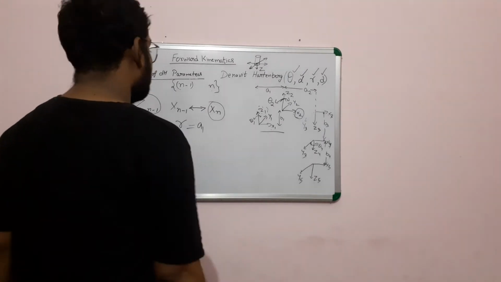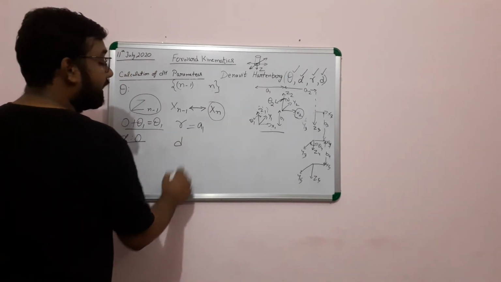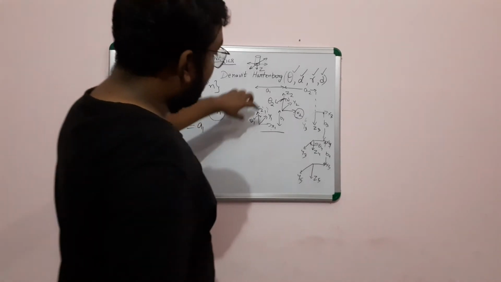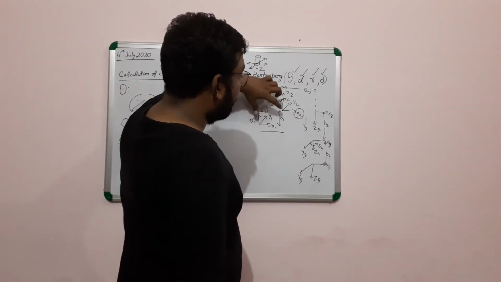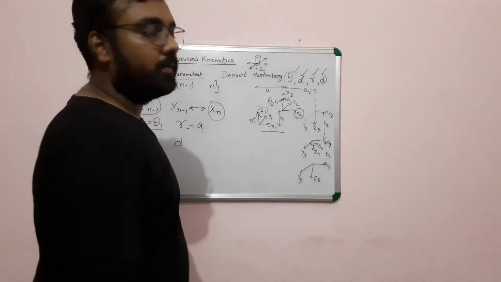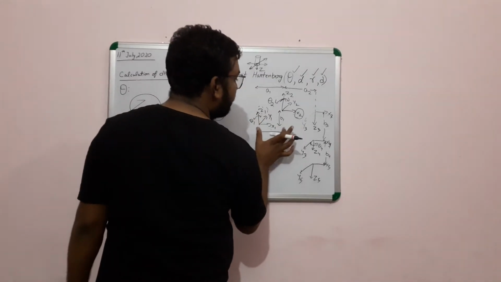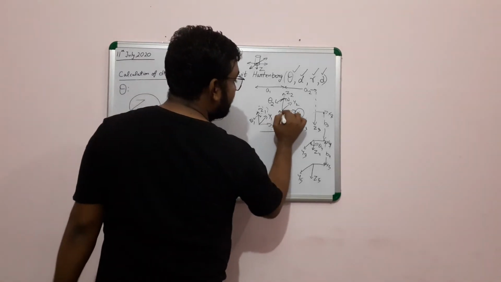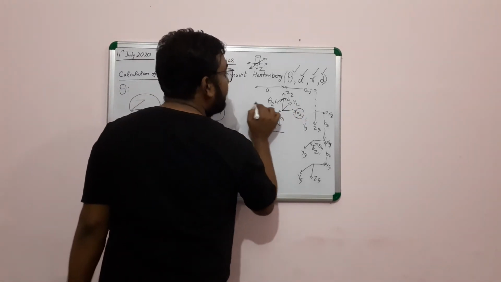Similarly, we have d. D is again a translational parameter. So d is the distance between the centers of the two frames in the zn minus 1 direction. Means if we talk about frame 1 and frame 2, d is the distance between the centers in the z1 direction.